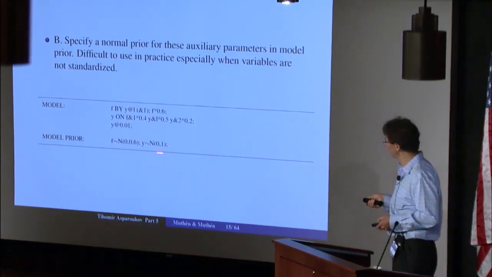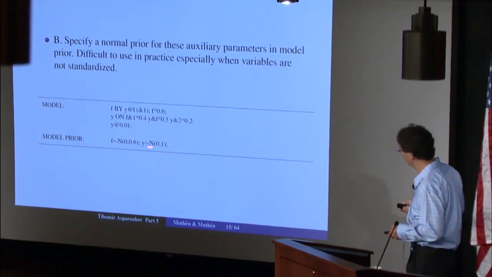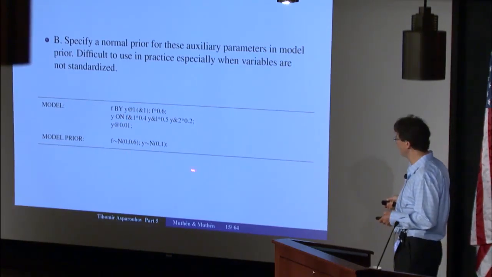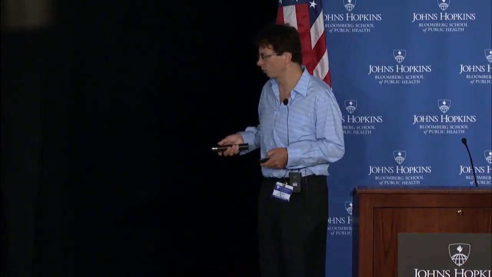The interpretation of this is that you're specifying the priors for the initial conditions. But again, this is fairly tricky to use, especially when your variables are not standardized, and it's not even very straightforward to figure out what the proper mean should be in these situations. So generally, we recommend that you use our default approach.